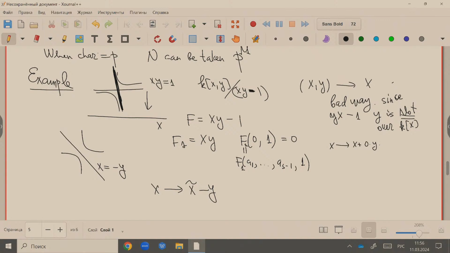So our polynomial xy minus 1 will become of the following form: x tilde plus y times y minus 1. And this is just y square plus x tilde y minus 1. And you see that the highest coefficient now is 1, so it is an integer element.